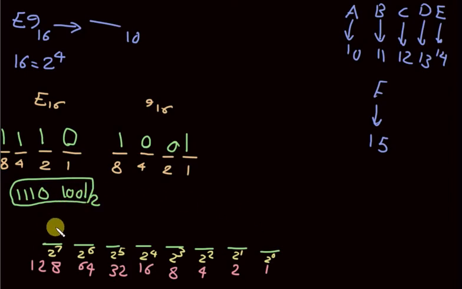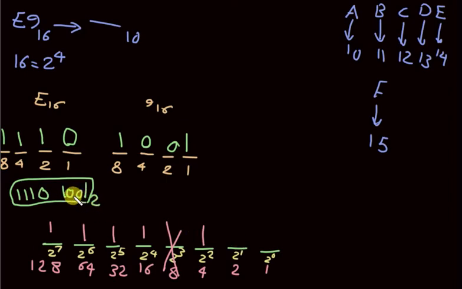Okay, so now I have to see which ones are 1. So that means I have a 1 here, I have a 1 here, 1 here, 1 here, and then this is 0, so we don't have this, and there is a 1 here.